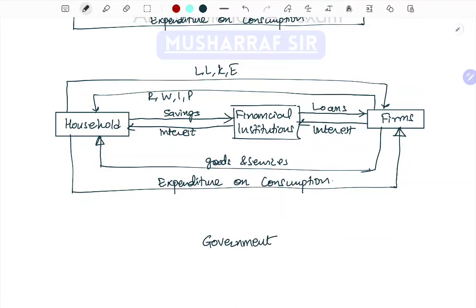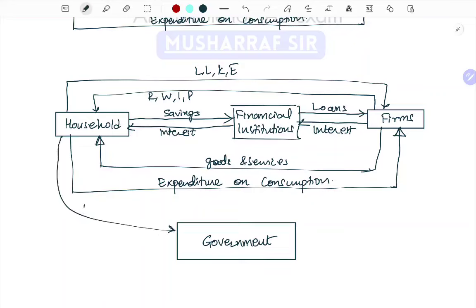Now let's try to understand how government will have a relation with all these sectors. If government is owning an enterprise or is involved in production, then land, labor or capital can be provided by households, for example by investing in government bonds.